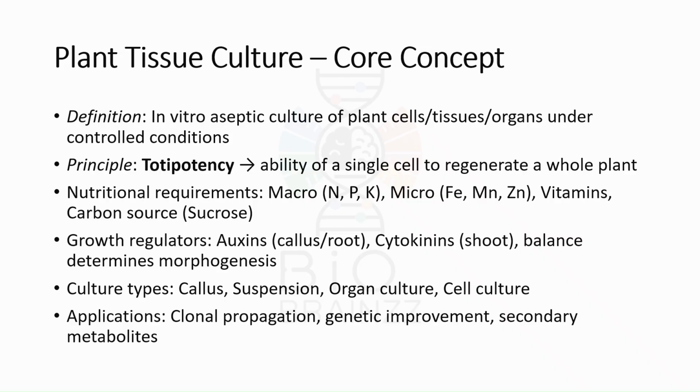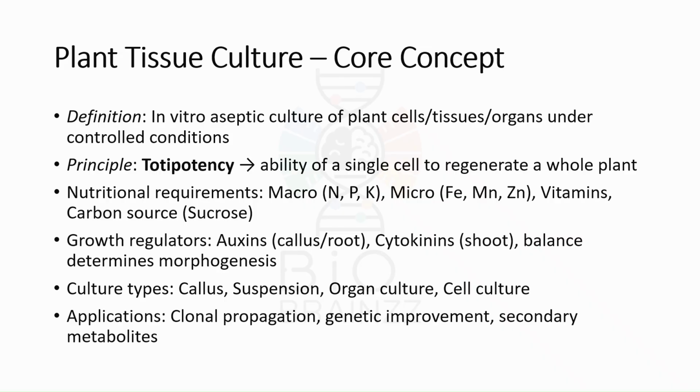The success of tissue culture depends on several factors, including nutritional composition and plant growth regulators. Macronutrients NPK, micronutrients Fe, Mn, zinc, vitamins, and a carbon source like sucrose are essential for growth.